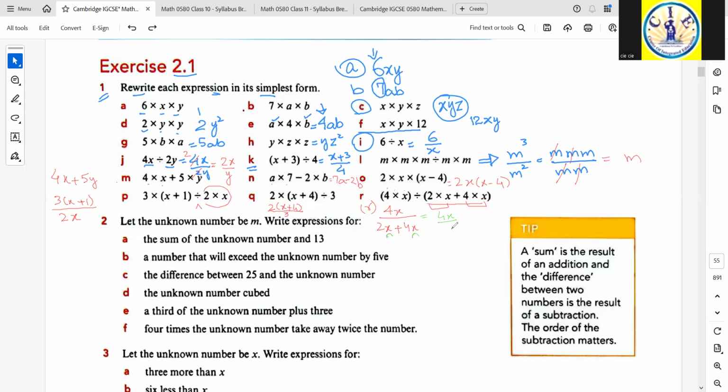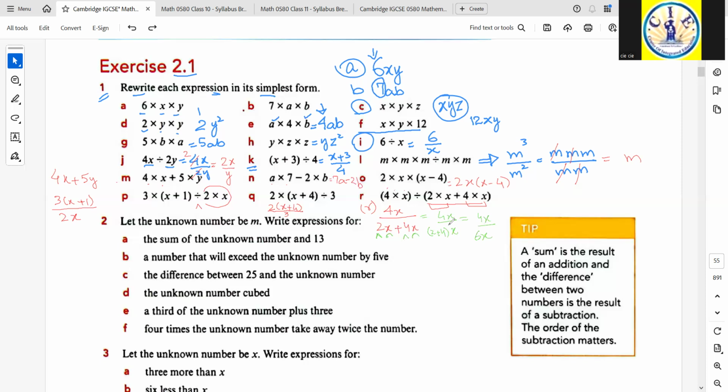If we take this variable as a common variable from these two terms, from the first term we can have this 2 and from the second term we can have this 4. So 2 plus 4 times x. So this will be 4x divided by 6x.